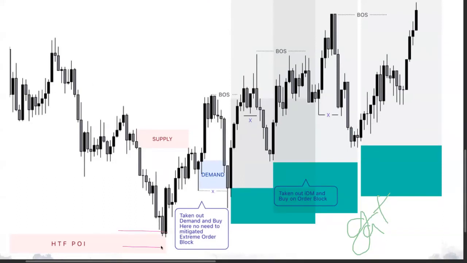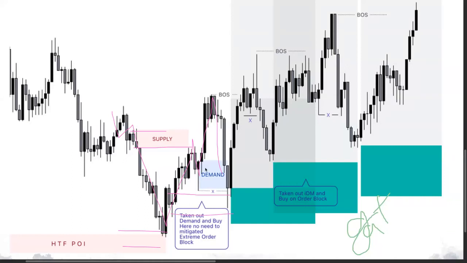Higher time frame price taps supply. This is a flip entry model. This supply is tapped here and goes higher and we can buy. Right. Because the market gave a reaction here and simply you can buy here. Tap on this unmitigated order block. Right. We can buy here.